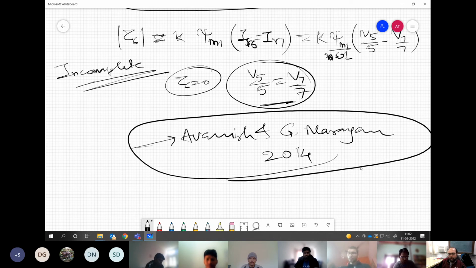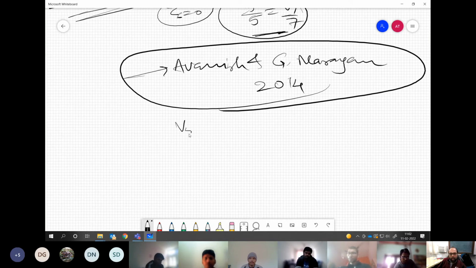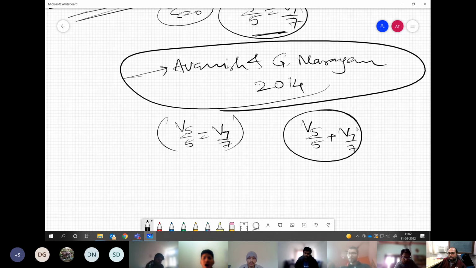What we need to do is also keep a check on this magnitude, V5 by 5, which is basically the flux component psi m5 plus psi m7. So we need to minimize this as well. Just doing the former may actually give a high value of tau 6. So this is what has been given over here.